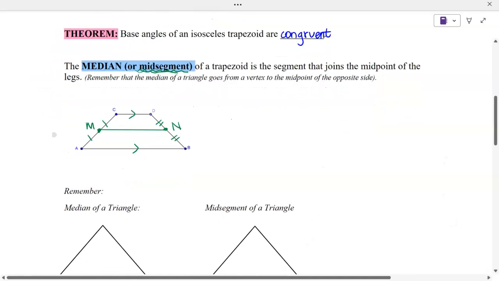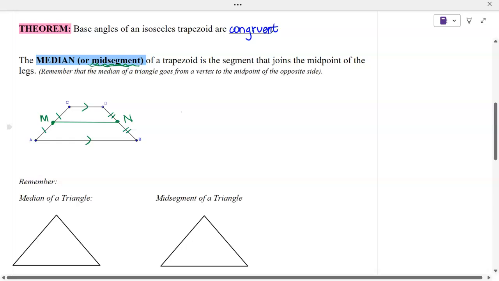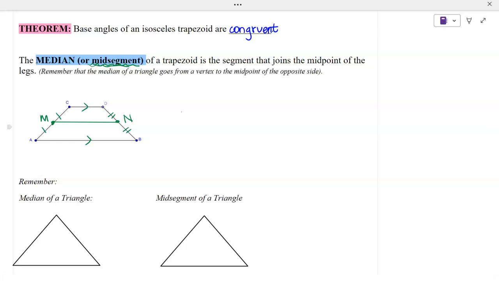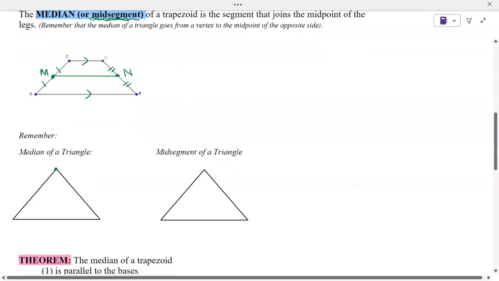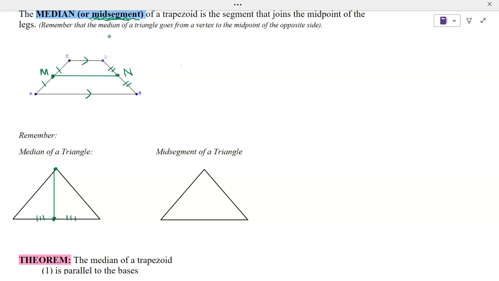Now, I want you all to remember the median of a triangle goes from where to where. It's going to go from a vertex to the midpoint of the opposite side. So I'm just going to say this is our midpoint of the opposite side. And we see by the markings on my figure that it is the midpoint.